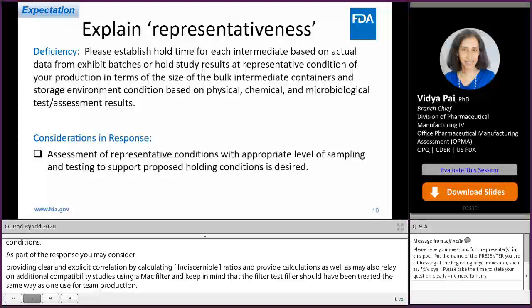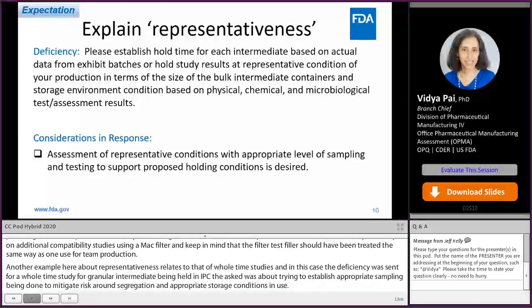The ask was about trying to establish that appropriate sampling was being done to mitigate risks around segregation, as well as appropriate storage conditions were in use. And in your response, you may choose to provide data with appropriate level of sampling from either exhibit batches or additional studies you may have done.